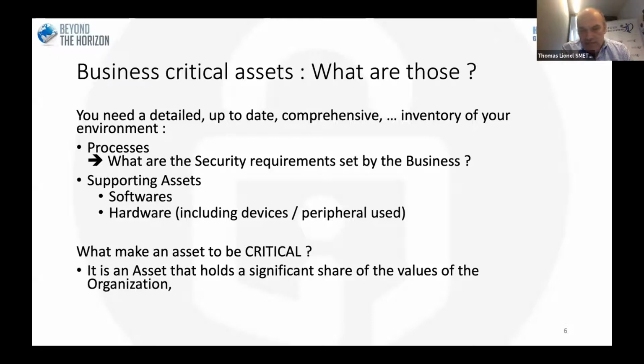Well, that's where a significant value of the company is held or is supported by that asset. Okay, so it's an asset that brings money, or an asset that brings profit.